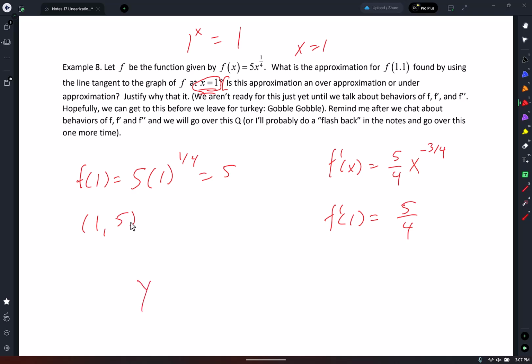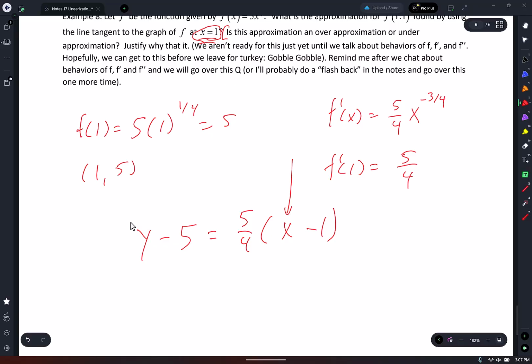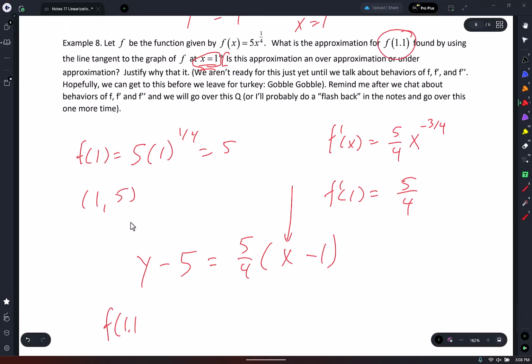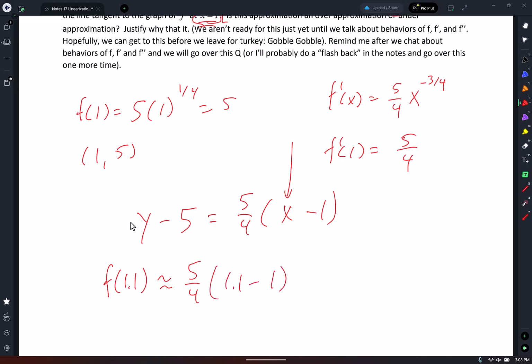Here's my tangent: y minus 5 equals 5/4 times (x minus 1). What am I plugging in for x there? 1.1, because we want to approximate 1.1. f of 1.1 is approximately 5/4 times (1.1 minus 1) plus 5.